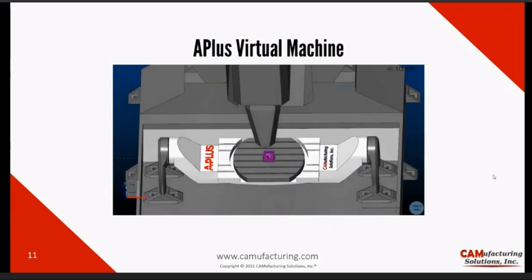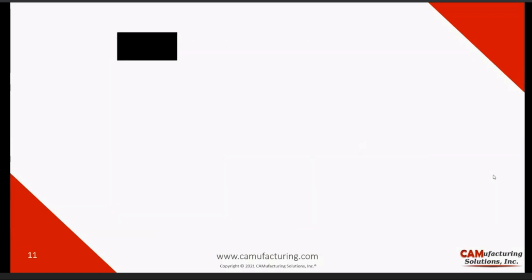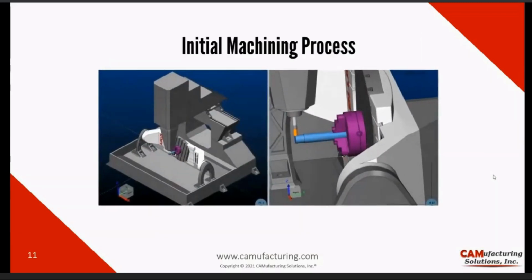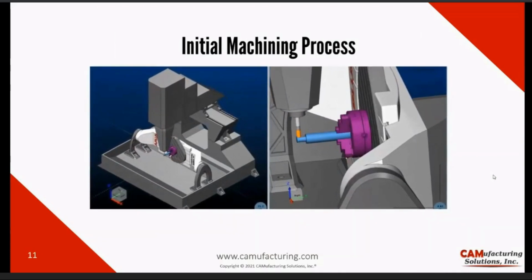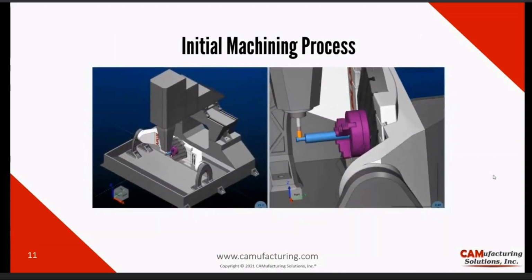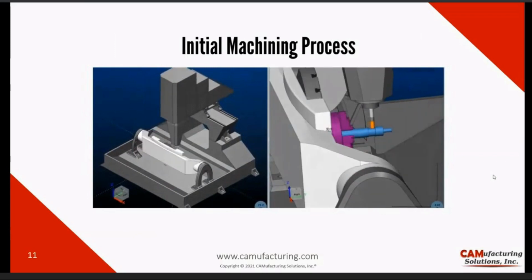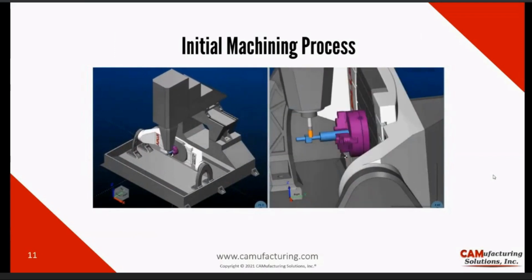And again, this is the virtual machine that we use to simulate the machining processes that we have in this part. The initial machining process is using the bar stock that we have as an initial workpiece, and the machining process used to trim down that bar stock can be seen in the following videos.